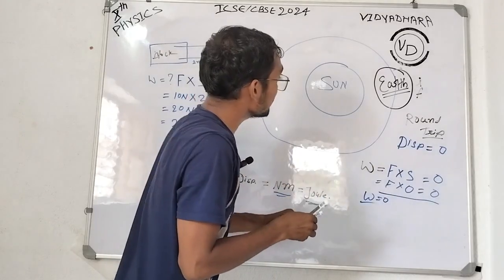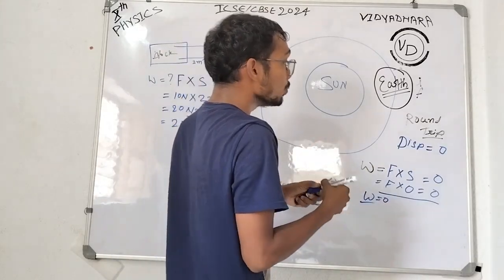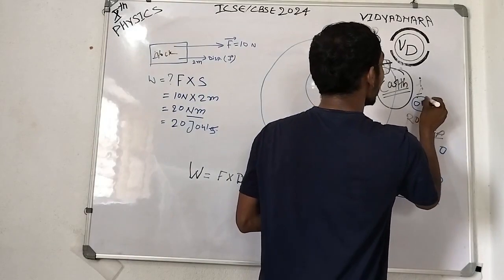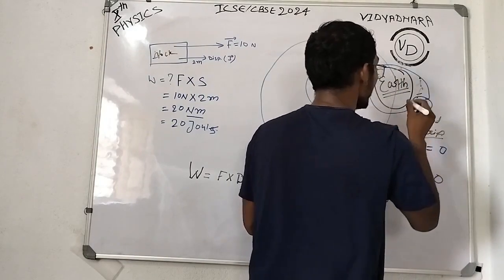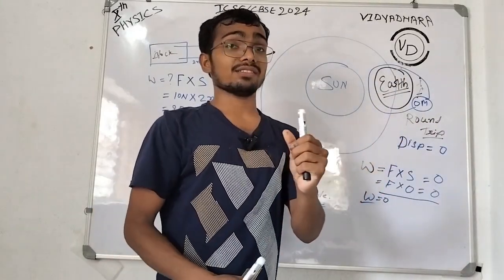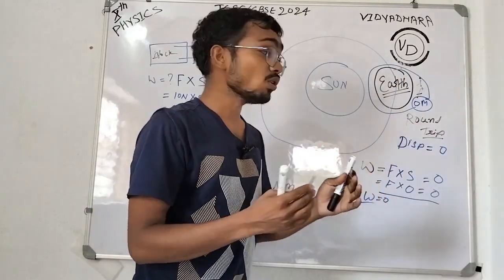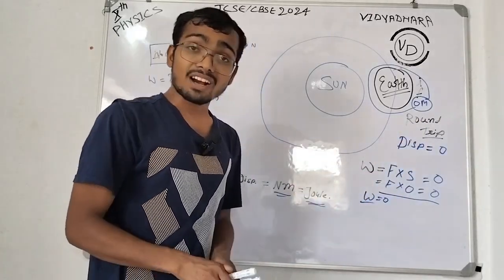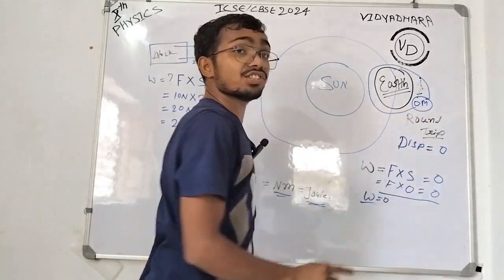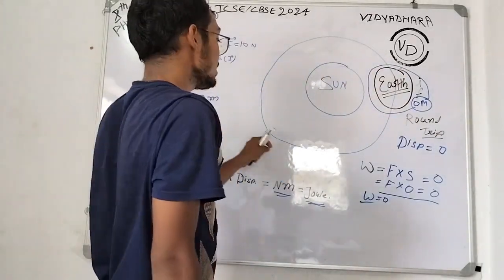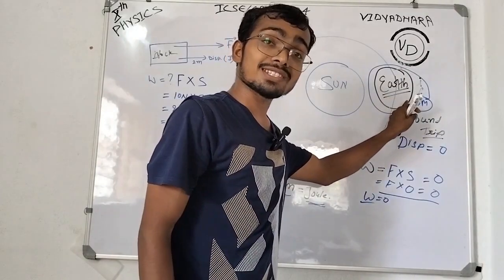Similar thing happens when the moon moves around the earth, work done is 0, or any other planet, work done is also 0, because displacement is 0, started from the same point and ended at the same final position.